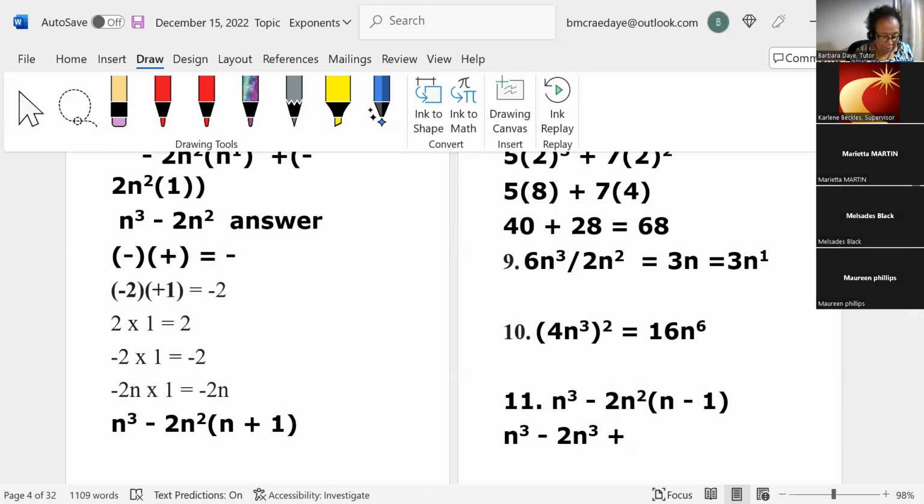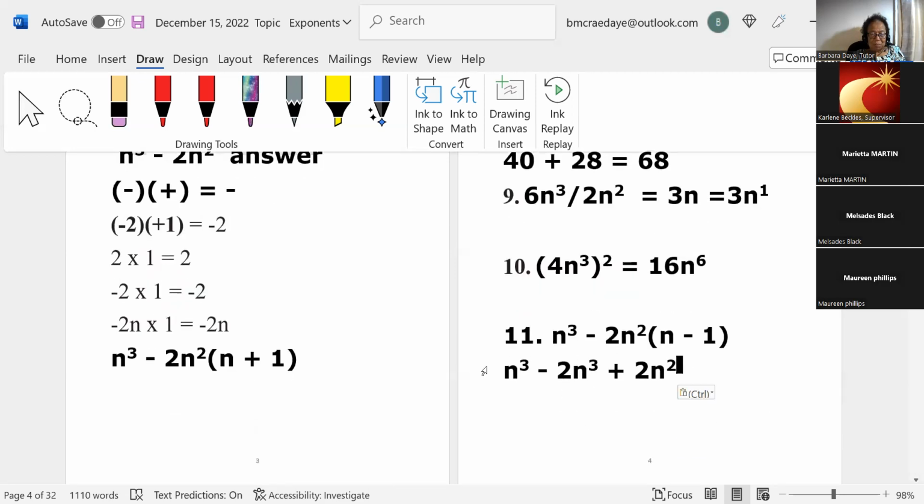And which answer does that match? Let's combine those like terms. So Mercedes, what's an n to the third and a minus 2n to the third?